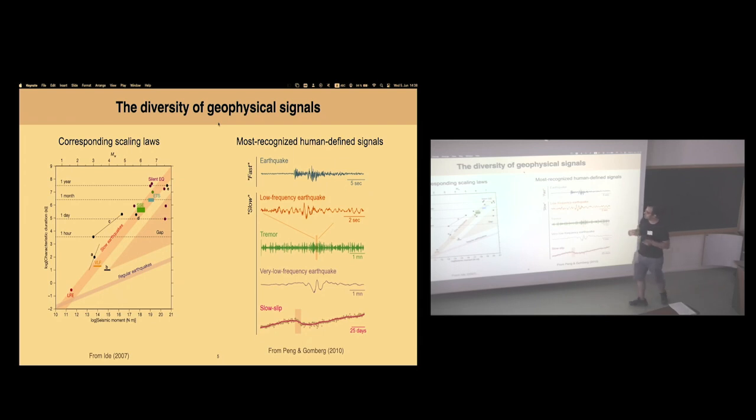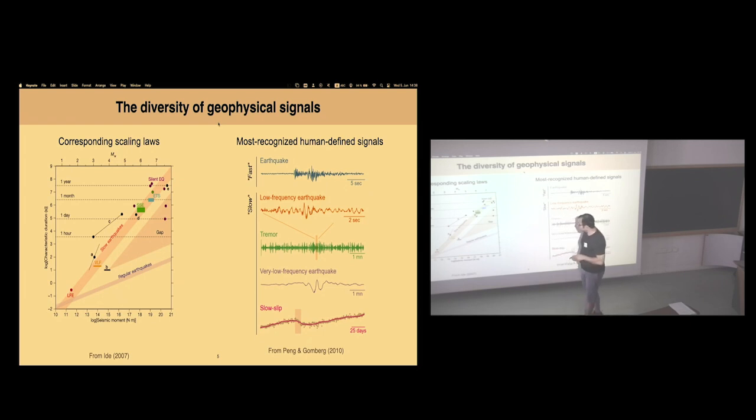And if we look at the scaling law for fast and slow earthquakes, here it shows the log of seismic moment, here is moment magnitude, and the y-axis shows the log of the characteristic duration.